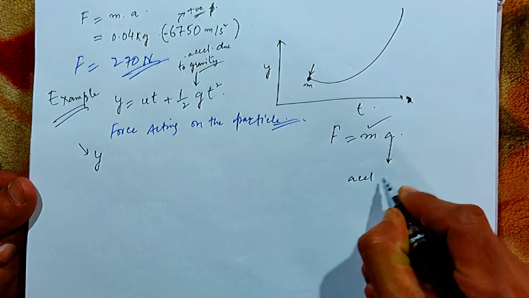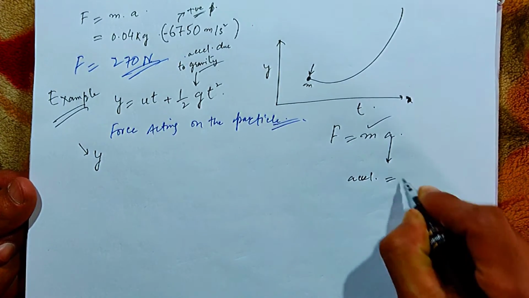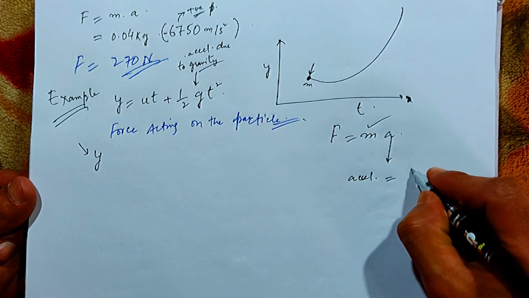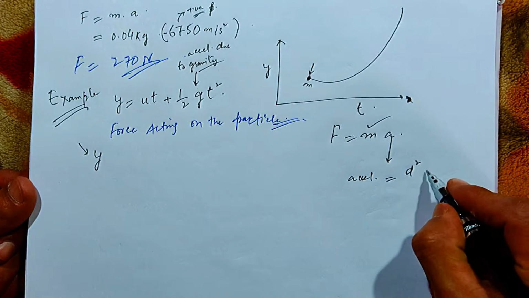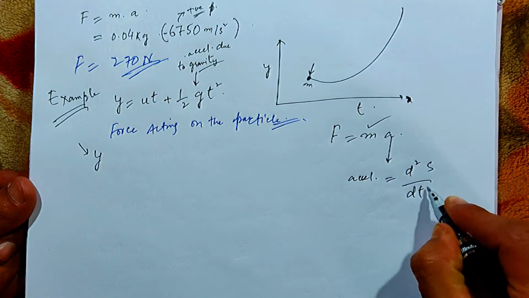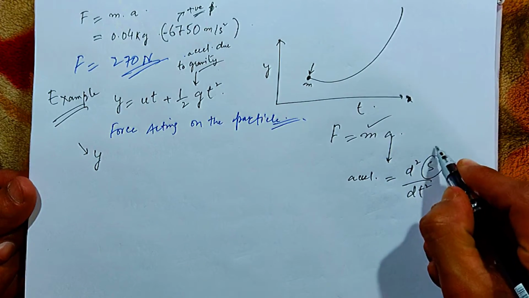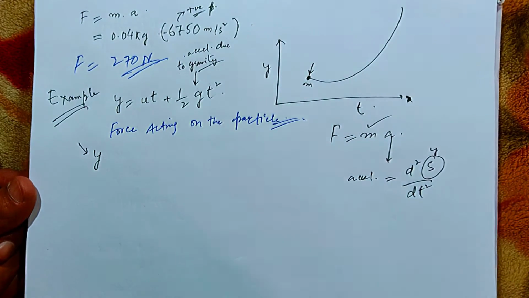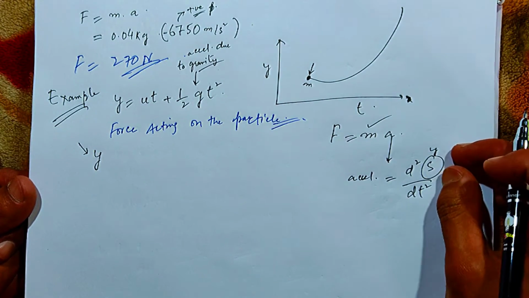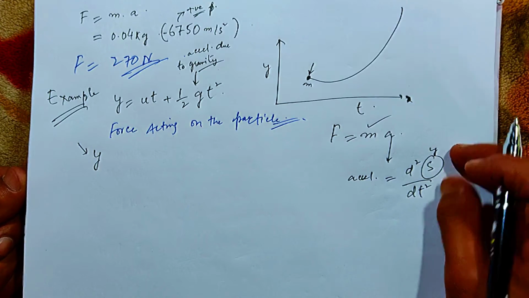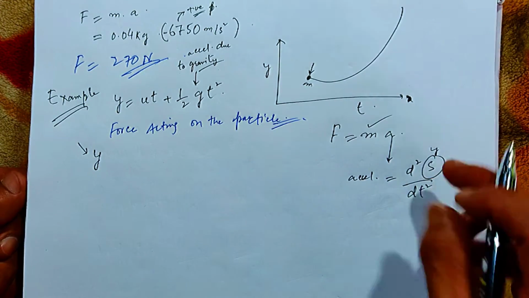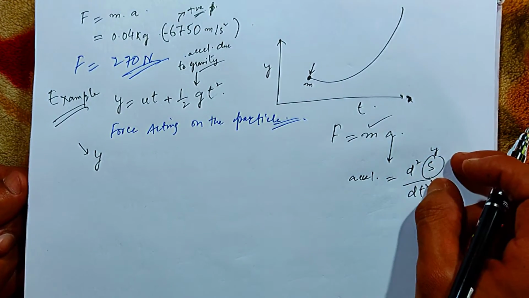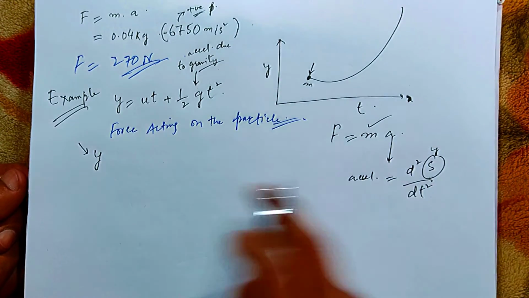We know that acceleration is the double differential d2 of the distance covered with respect to time. This is the distance, and in the case of this problem we are indicating distance by the term y. Okay, so acceleration here will be double differentiation of the distance covered with respect to time.